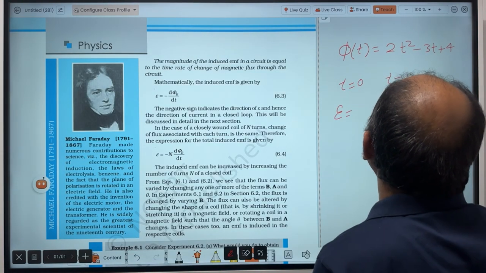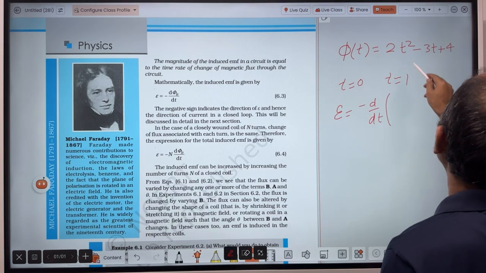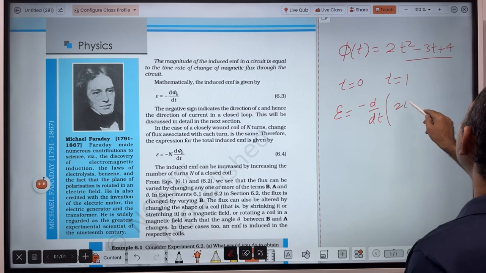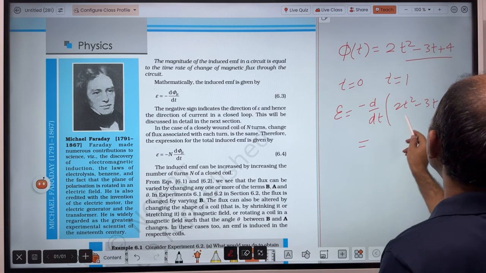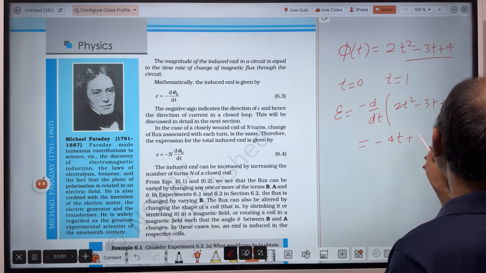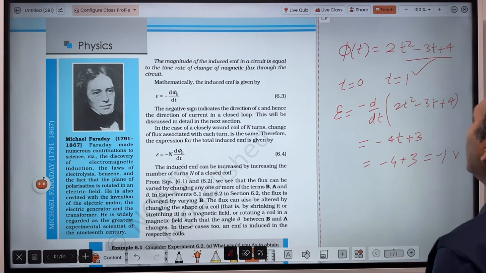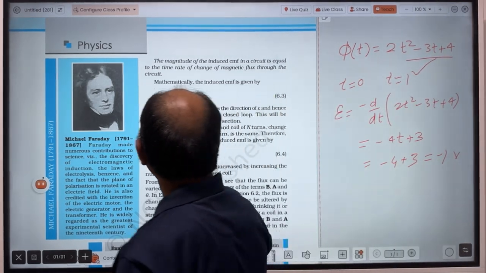So EMF equal to minus d phi by dt, d upon dt of 2t square minus 3t plus 4. Now we can differentiate it. So this will become minus (4t minus 3), right? And t is given as 1, so we put here 4 and then minus 3, that is minus 1 volt. In magnitude it will be 1 volt, right?